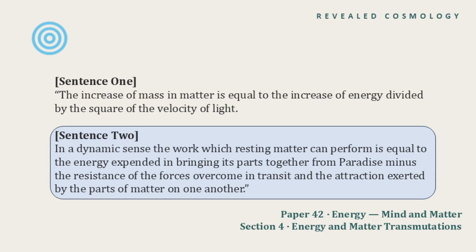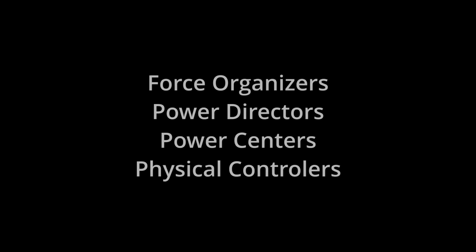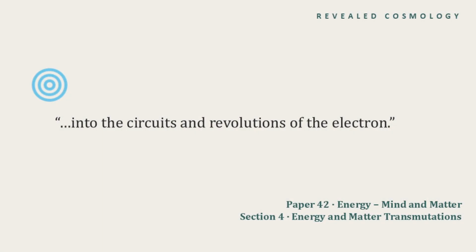Paper 42 identifies the orders of intelligent beings who carry out the transmutations at each stage: force organizers, power directors, power centers, and physical controllers who manage the final transmutation of the automaton into the circuits and revolutions of the electron. Modern physics recognizes nuclear binding energy as a correction to Einstein's base equation, but treats it as secondary. The papers build the full accounting into the foundational description.